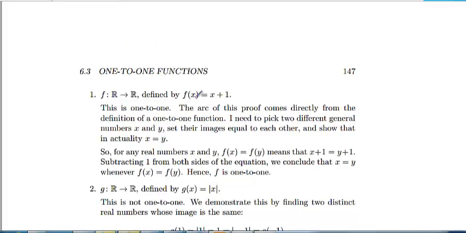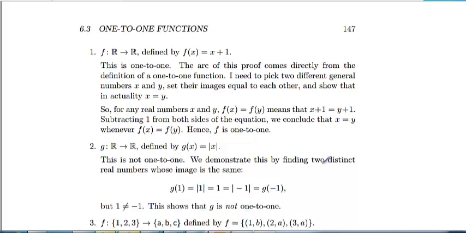Okay, so here's some examples. If you apply directly to this function f of x equals x plus 1, you suppose that x plus 1 equals y plus 1, and then you use arithmetic to conclude that x equals y. In other words, the outputs are equal implies the inputs are equal.